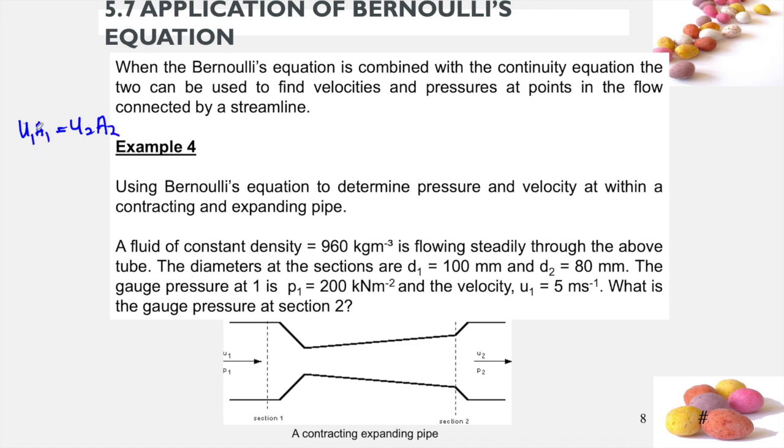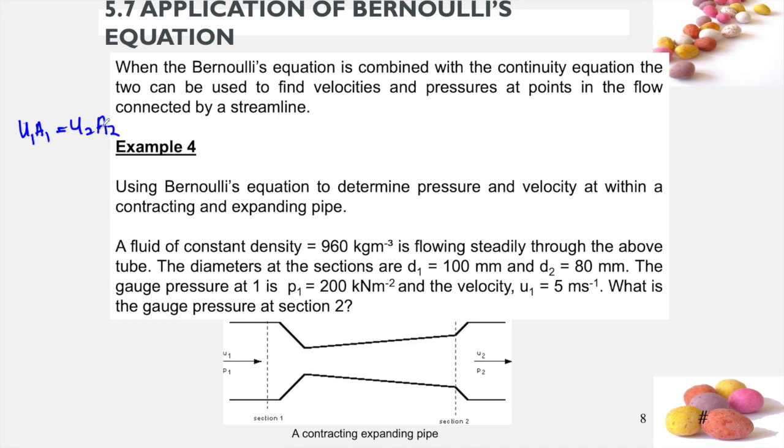For example, in the flow of fluid in pipes, we have velocity 1 and velocity 2. But the velocity is not given for both points, so we have to reduce this, and Bernoulli's equation is used in that question in order for us to determine the velocity, either at point 1 or point 2.